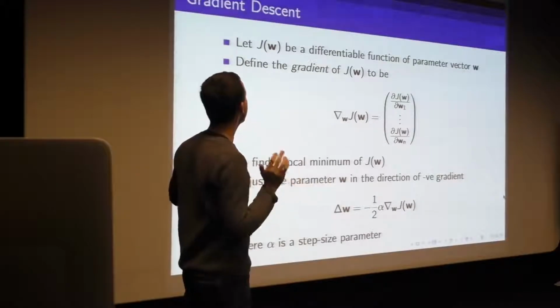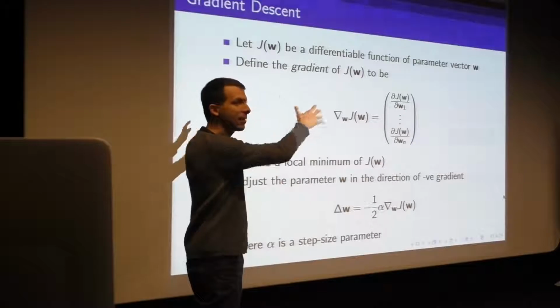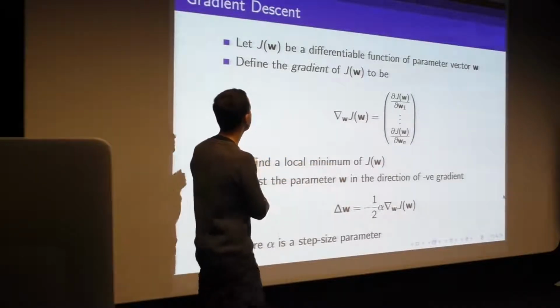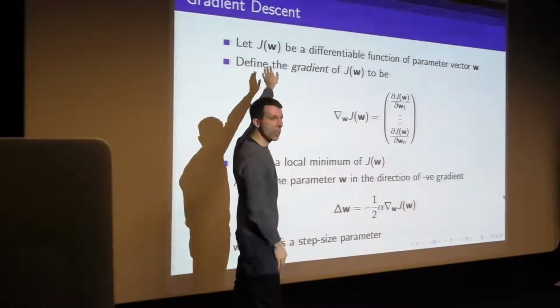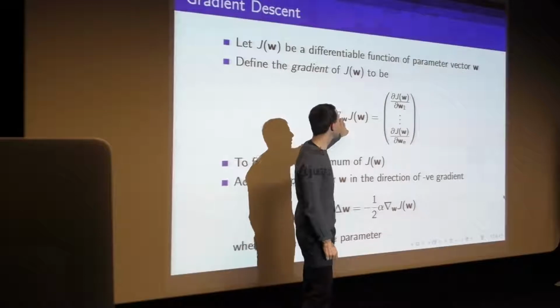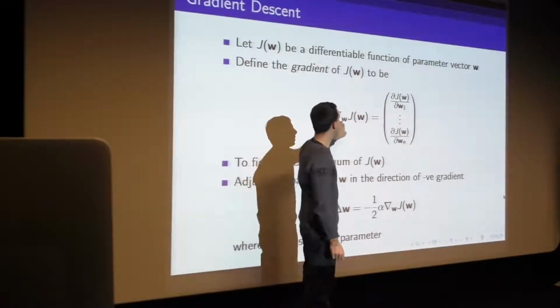So we're going to consider some function. This is just gradient descent in general before we move to our value function approximation. Let's just consider some differentiable function j with parameter vector w. And we're going to use this definition of gradient, this grad w notation.